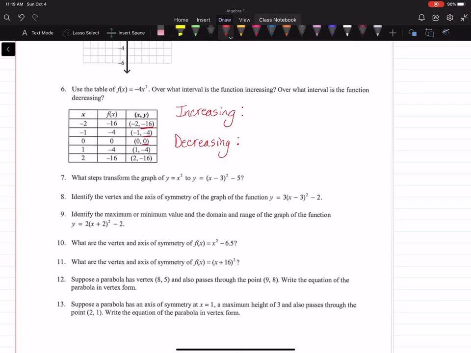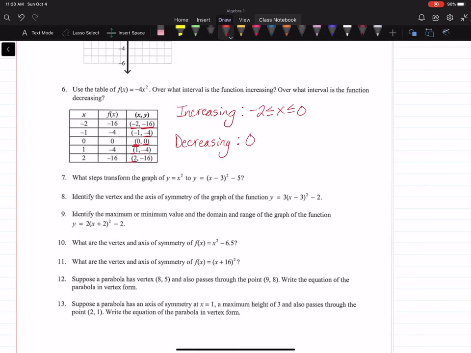So it's going up from -2 to 0. So -2 is less than or equal to x, which is less than or equal to 0, and it's going down from 0 to 2. So 0 is less than or equal to x, which is less than or equal to 2. You'll always use the less thans as long as you put your numbers from smallest number to biggest number.